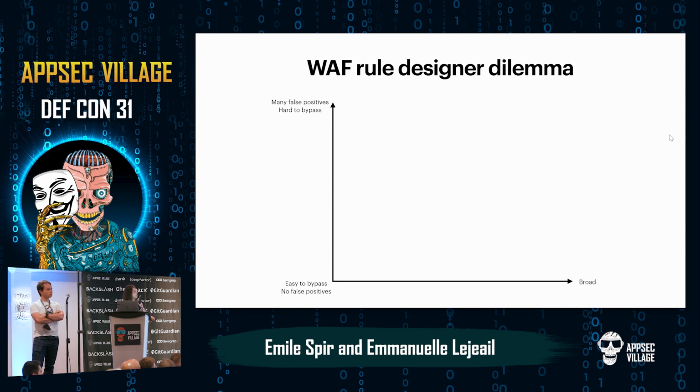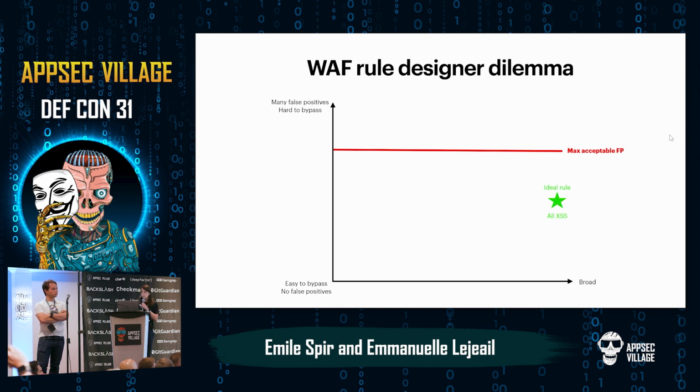On the vertical axis, you can have a rule that's very easy to bypass but doesn't give you too many false positives, or, here on the top, one that triggers a lot of false positives but is hard to bypass. Based on that, we define a max amount of noise that we're willing to accept, meaning if a rule starts triggering more false positives than this threshold, we're not even going to put it into production because it's not worth the hassle.